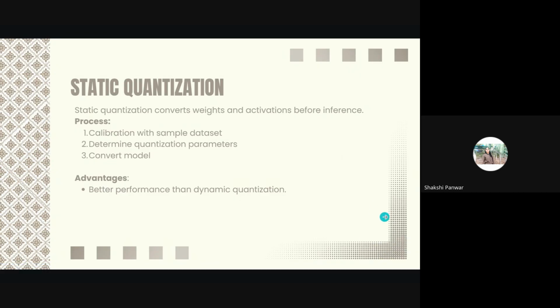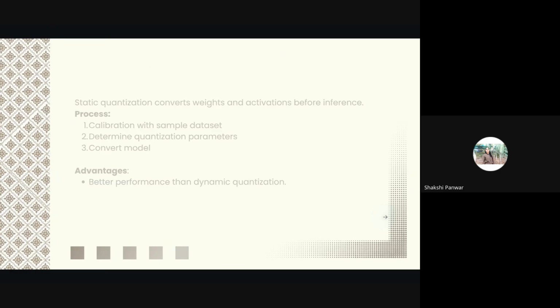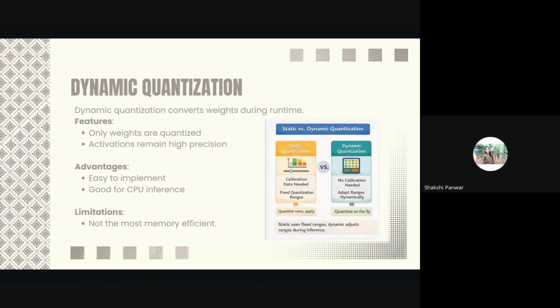And the next one is dynamic quantization. The diagram is here, comparing static versus dynamic quantization. Static quantization uses calibration data and a fixed quantization range, and you quantize once, then apply. But dynamic quantization needs no calibration.